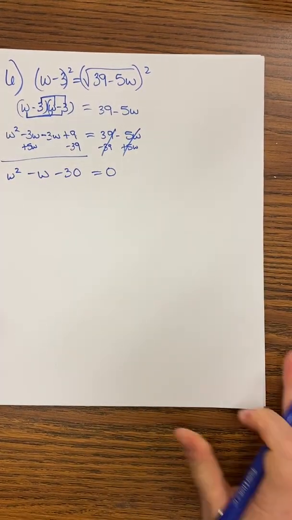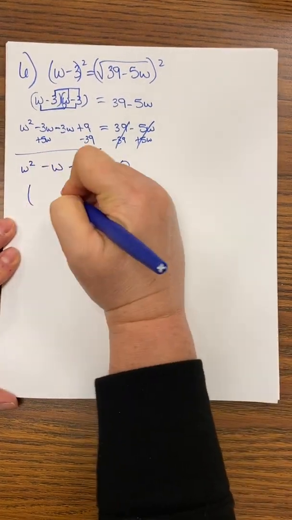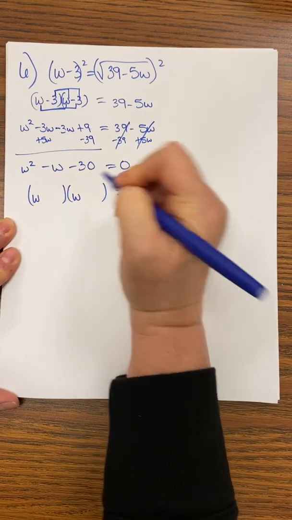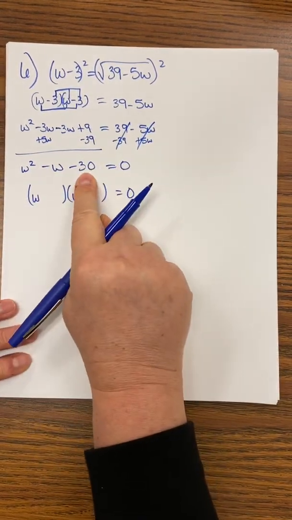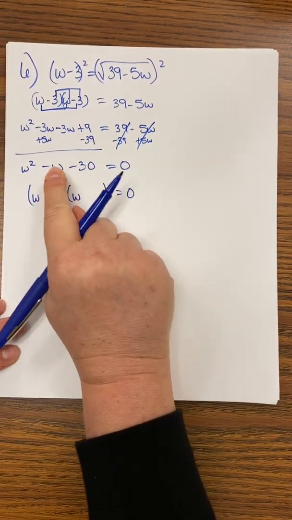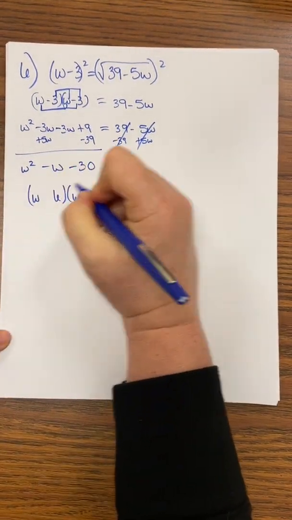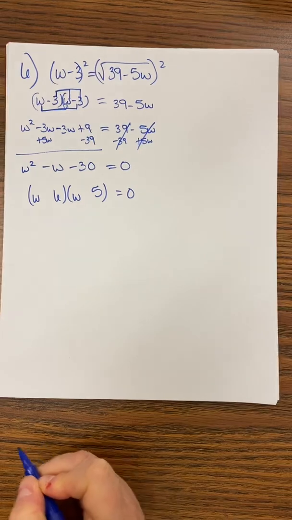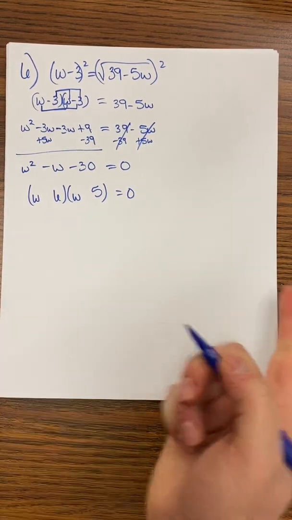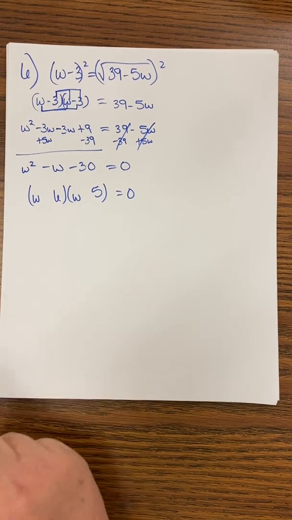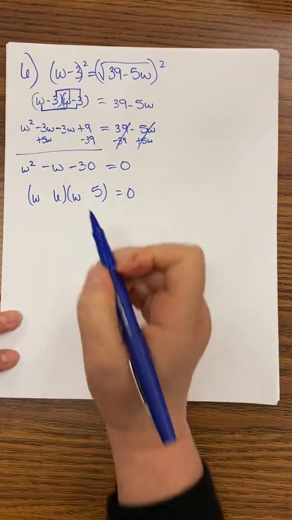Okay, so again, we're going to do what we did a minute ago in that last video, we're going to make the 2 binomials. Your variables are w's. All right, what 2 numbers can multiply to equal negative 30, but add to equal negative 1? So 6 and 5. The question is, which one, do they both need to be negative? Both need to be positive, one negative, one positive, and so forth.